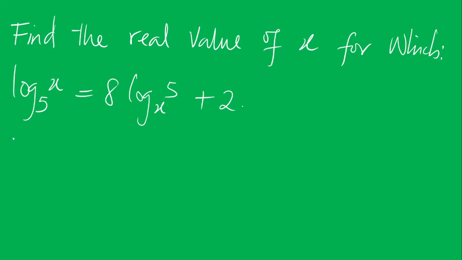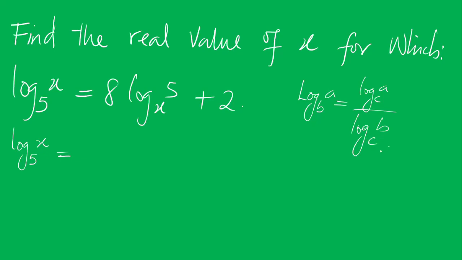Log x base 5 is equal to... now we're going to use this law of logarithm, where log a base b is equal to log a base c divided by log b base c.